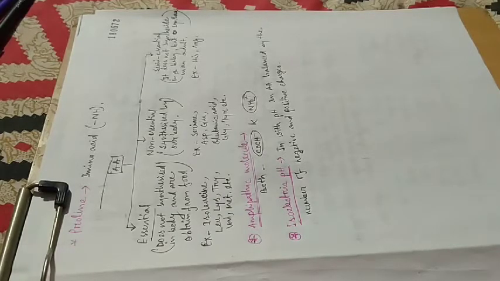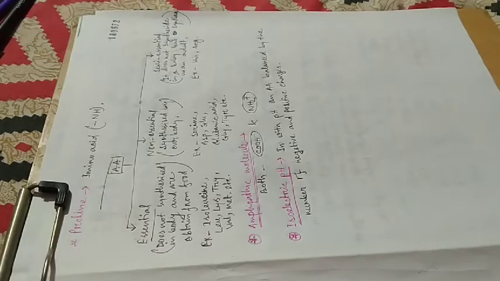At this pH the amino acid contains the same positive charge and same negative charge. That pH point is called isoelectric pH.